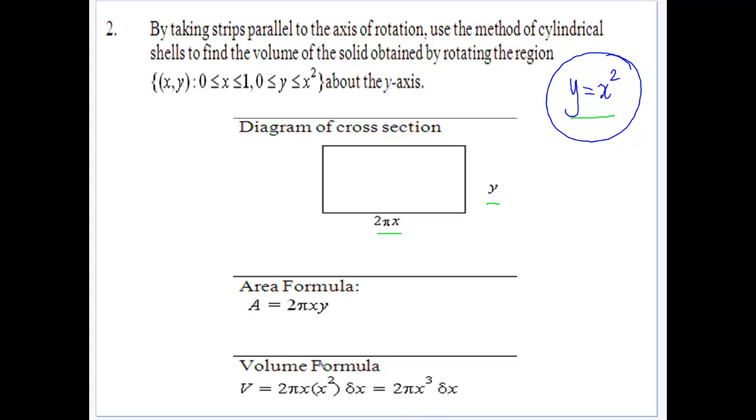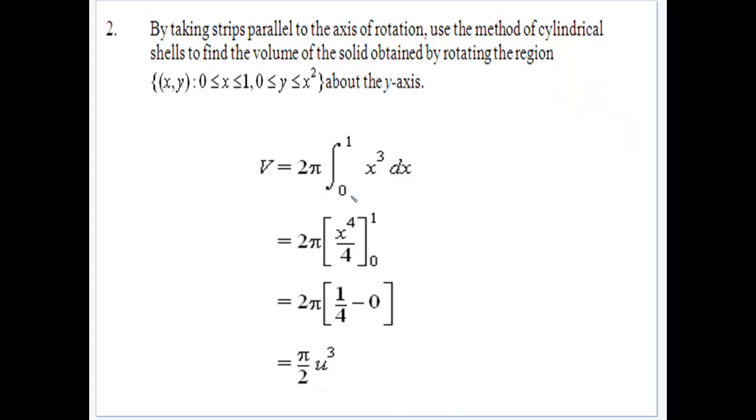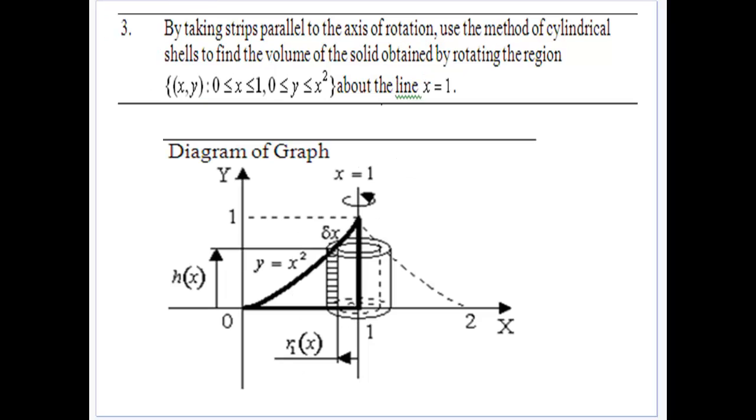So we do a substitution of y is equal to x squared, gives us a volume function of 2 pi x cubed delta x, which we put into the volume between 0 and 1, because that's where the values of x are, 0 to 1 there. And so integrate that. So with our substitution, we get pi on 2. So again, the integration's not that hard this time.